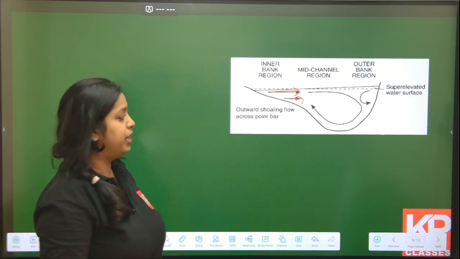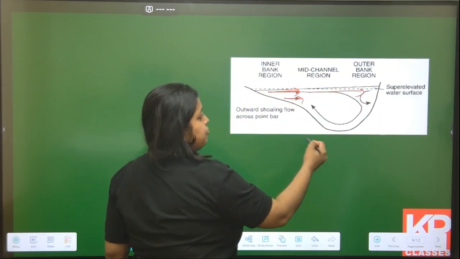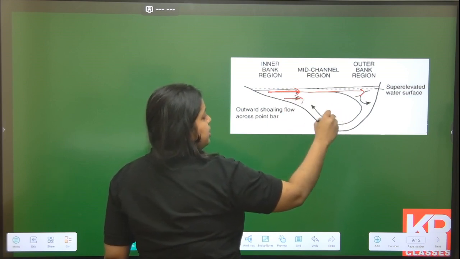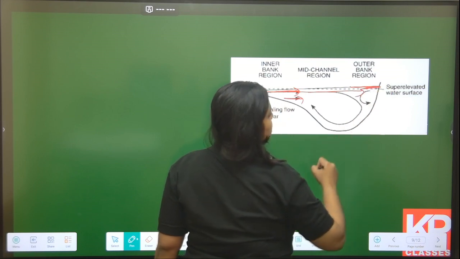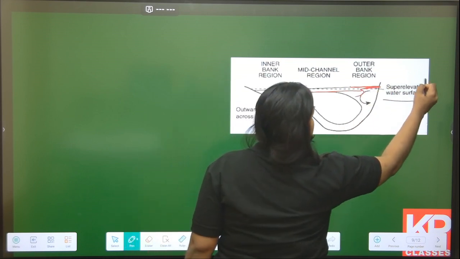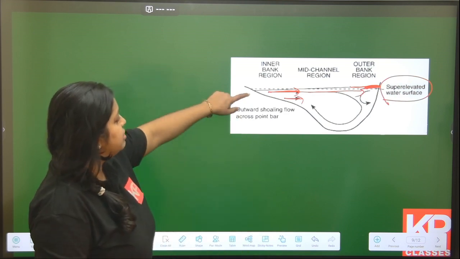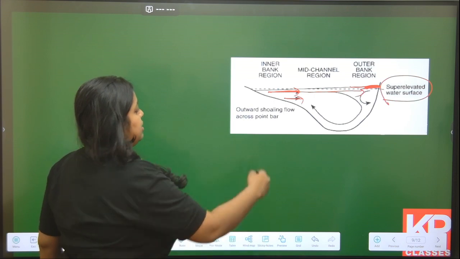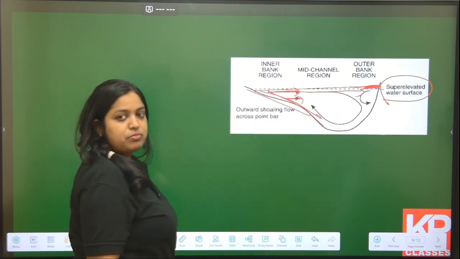The water will be pulled towards this side because of the centrifugal force. The water level will be higher in this outer bank region. A super-elevated water surface is present in the outer bank region, whereas in the inner bank region the water level will be lower, and this is where the point bar deposition happens.